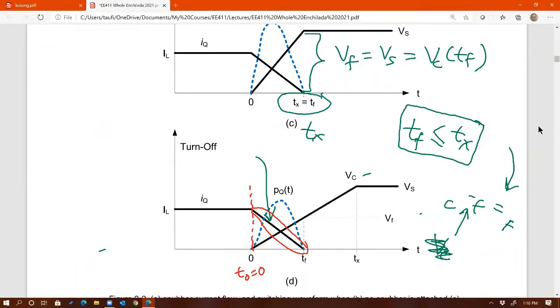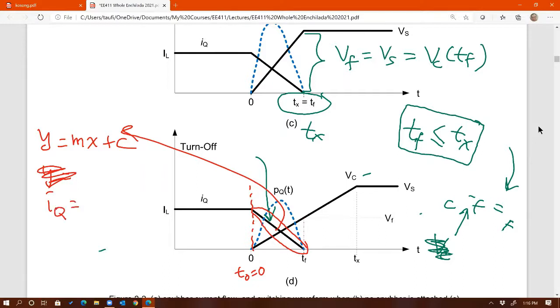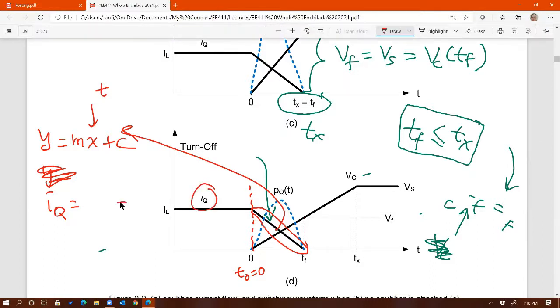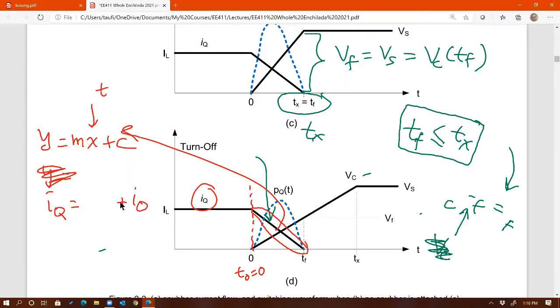Again, just that straight line: y is equal to mx plus c. And we know that in this case, the current IQ is equal to, instead of x, it's actually time. So what is the constant there? The constant is IL. That flat line is IL.